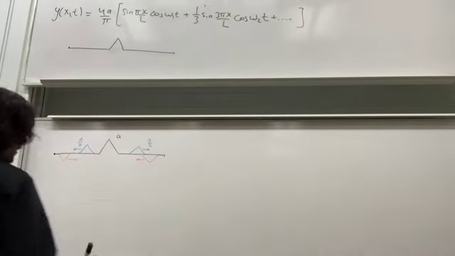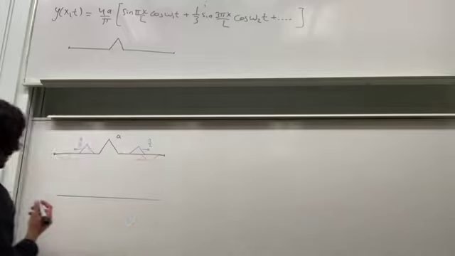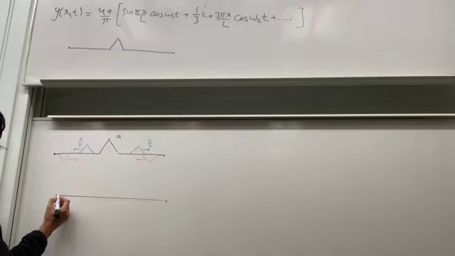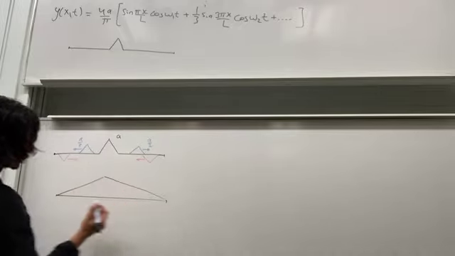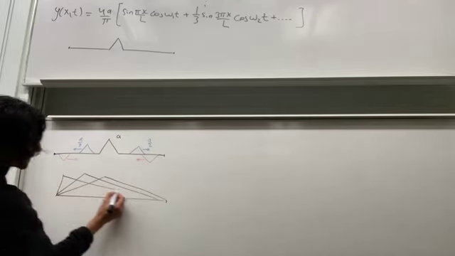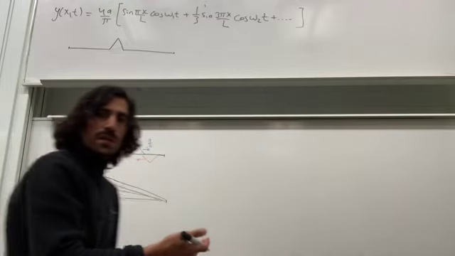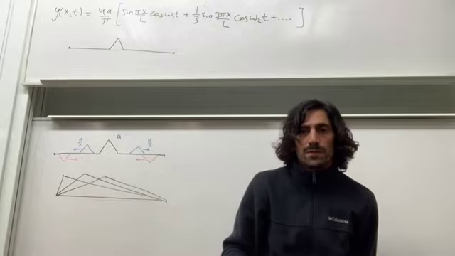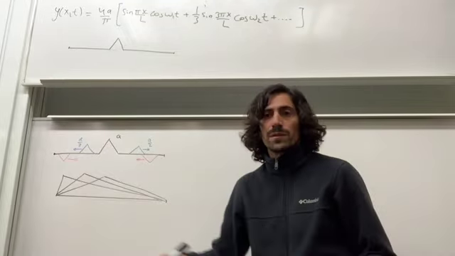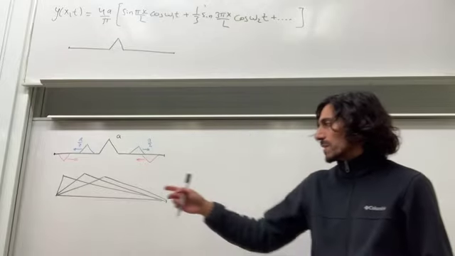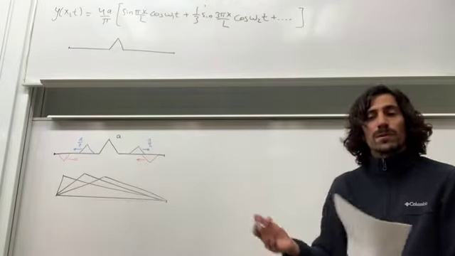Now I hope you understand also that it depends on the shape of how you make the pulse in a string. You can do it like this, and you can do it like this, and you can do it like this. Each one of these would have a different Fourier solution, so each one of these will be different. As a result, they oscillate the natural modes that you're exciting, and the amplitudes are different.